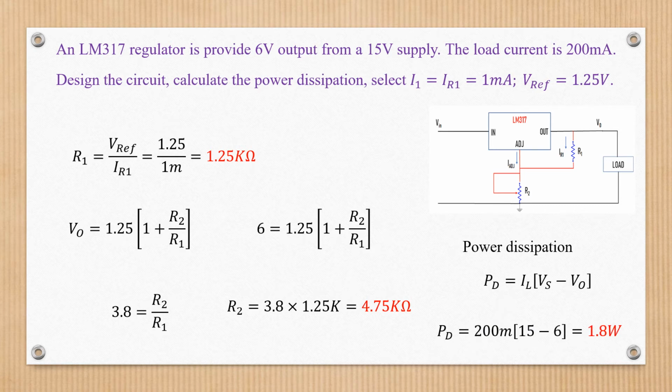So we get PD will be equal to 200 milli into 15 minus 6, which is equal to 1.8. So 1.8 watts will be the power dissipation of this particular LM317. With this, all the parameters are obtained for this particular problem. Moving on to the next type of problem.